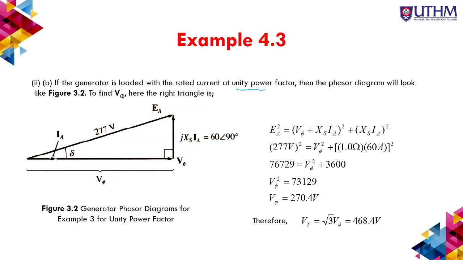Since the power factor is 1, it is a perfect right-angled triangle, so we don't need cos theta because there is no angle. You just use the Pythagorean theorem directly to get EA. This figure is also wrong: the phasor diagram is correct but the values are a mistake of mine. These values are correct, the 60 and V phase.